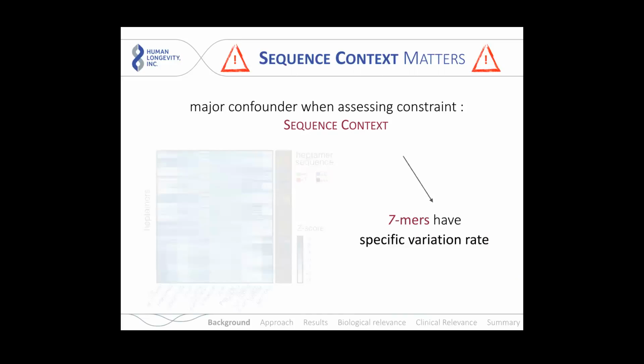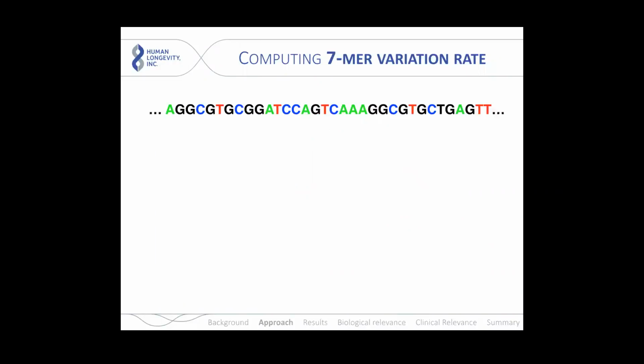Again, now for the variation rate, before I show you how different it is across the octamers, let me show you how we actually computed this value. So we go throughout the whole genome, and for each octamer, in this example let's say A, G, G, C, G, T, G, we're gonna extract every occurrence of the octamer in the genome.